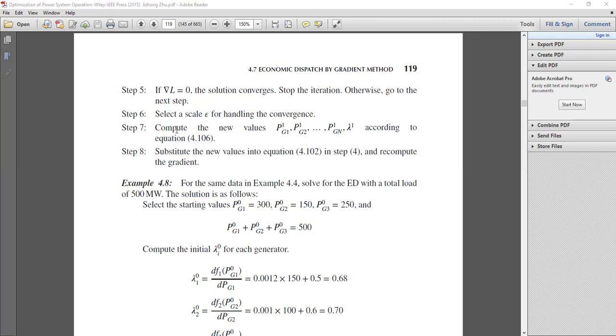In step 7, once you get the situation that your del L is not 0 or not less than epsilon 1, then you choose your epsilon or take the value that is given, and then you compute the new values of all your x entries. So these are the x entries, n plus 1 entries of unknowns.